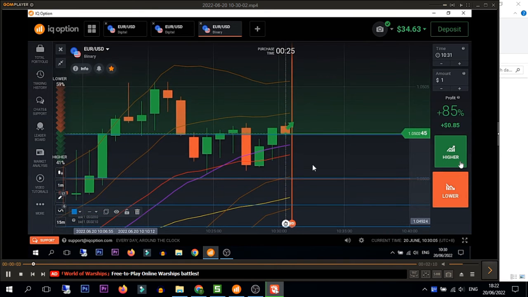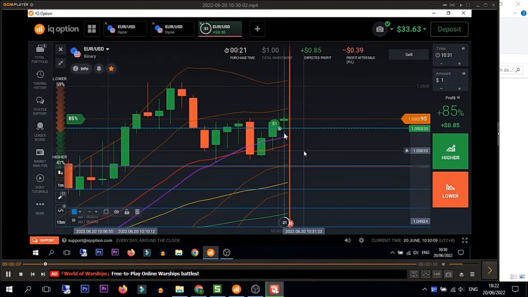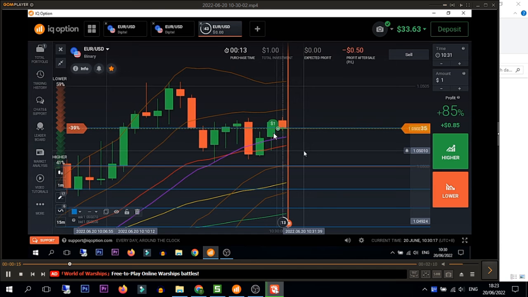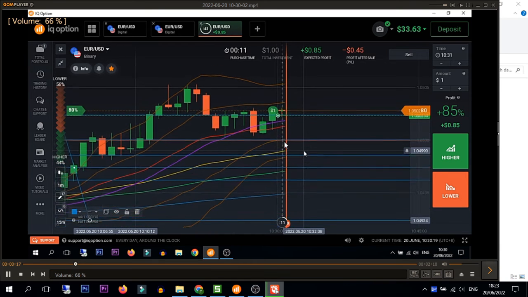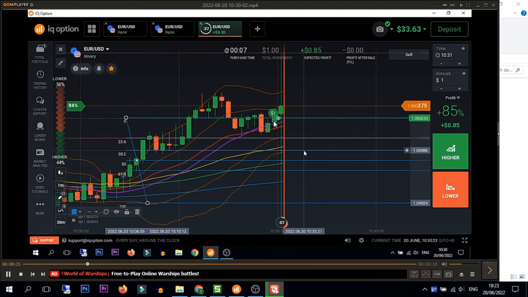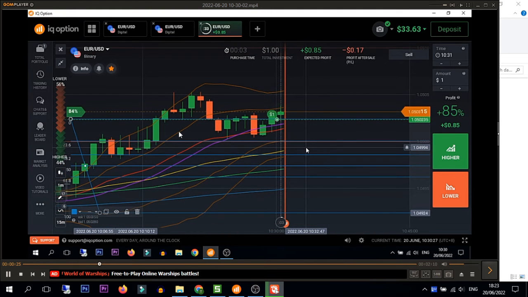You see, I'm entering at the level. It's also kind of risky if the price is getting close to the level. It should be lower, more down, to enter, but okay, I'm just risking my entry.